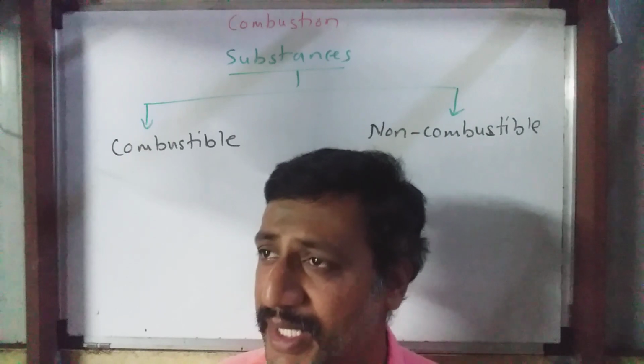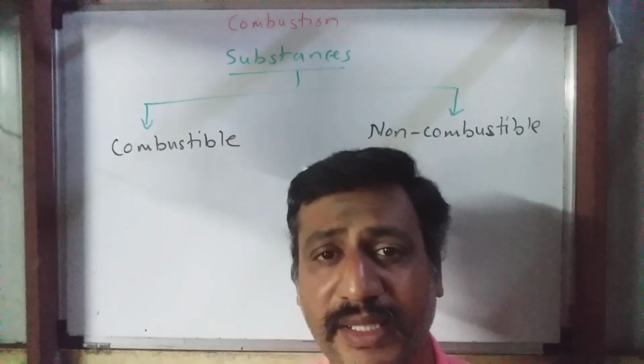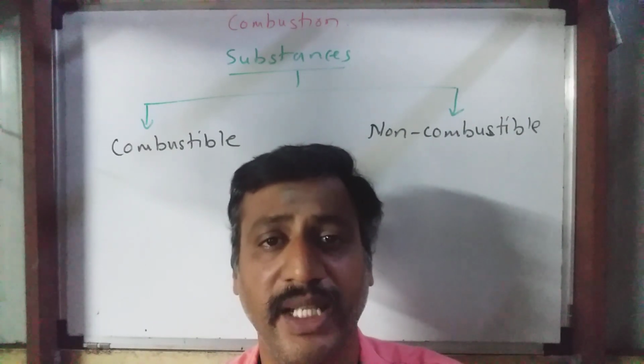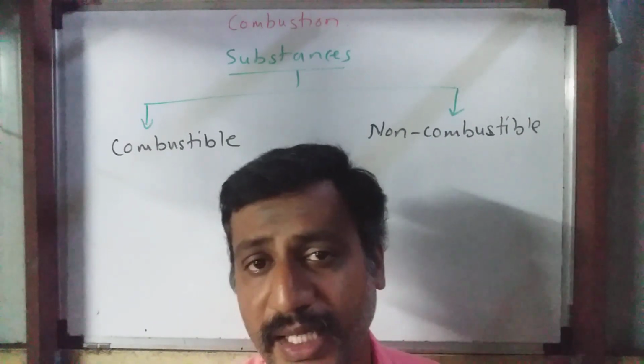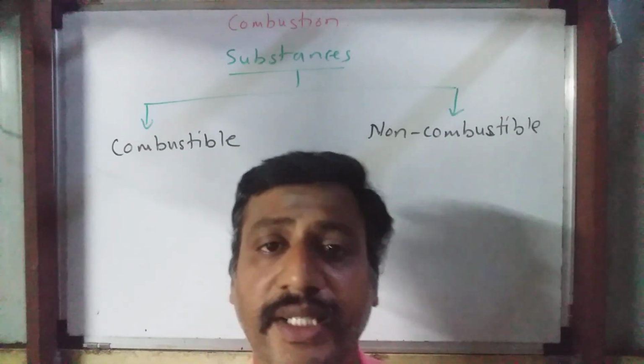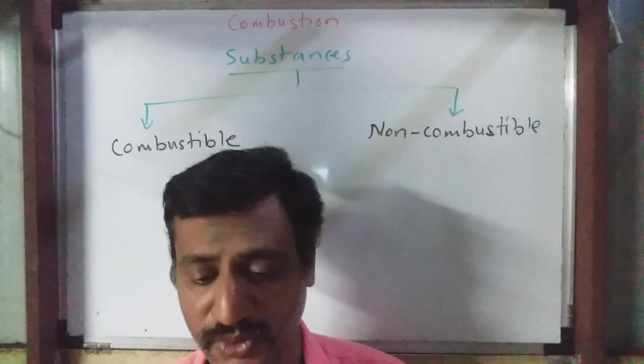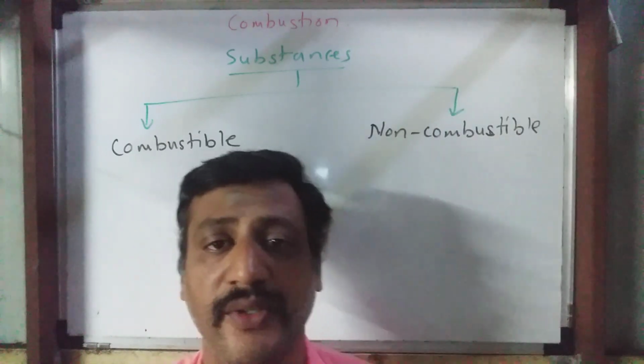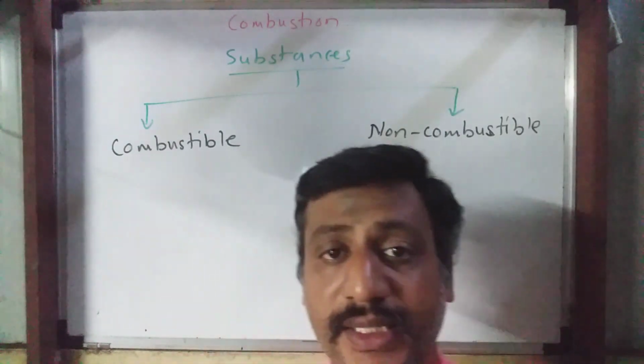Many metals we can't say are combustible, they get heated. We can't bring about combustion, although some metals like sodium and magnesium do get combusted. But iron, have you seen that iron can be melted at a temperature beyond 1535 degrees Celsius, but it is non-combustible.